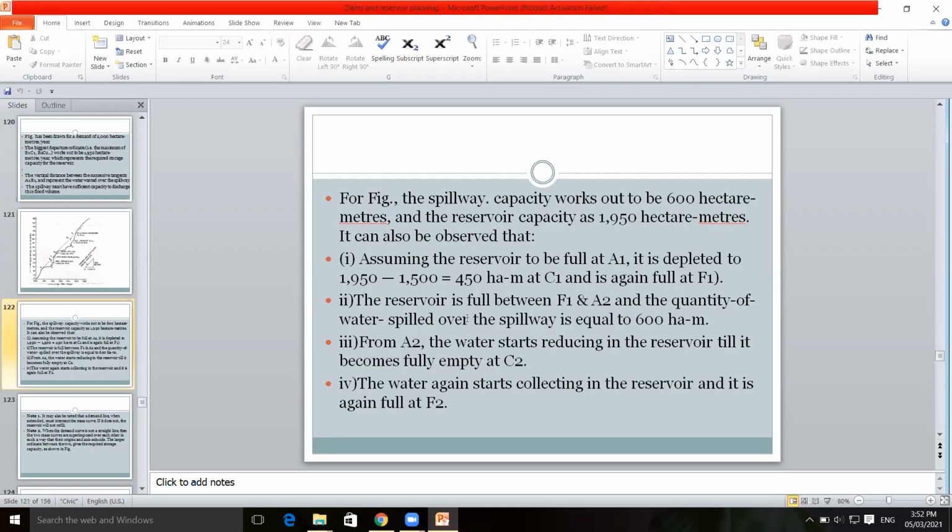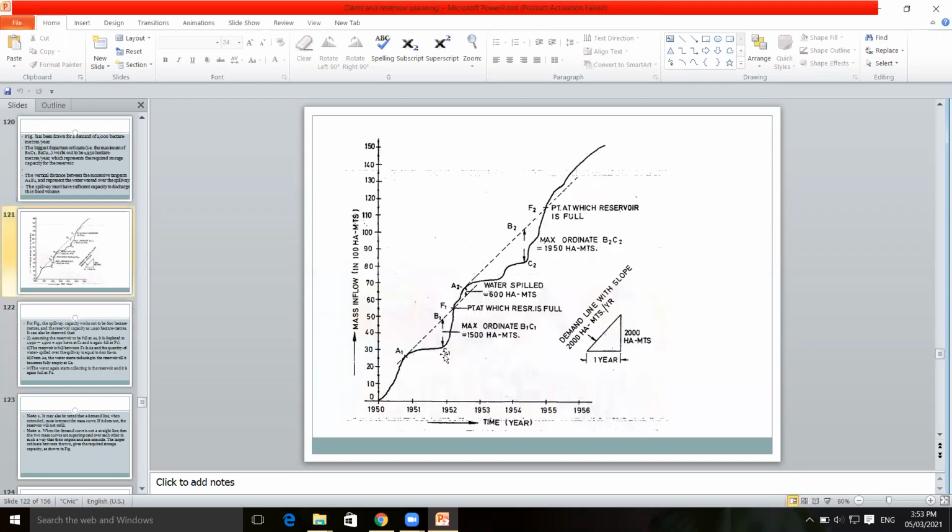Then it is reduced to 1950 minus 1500, and the remaining is 450 hectare meters at point C1.